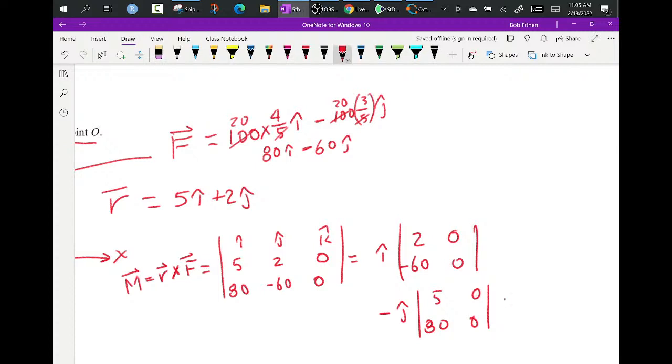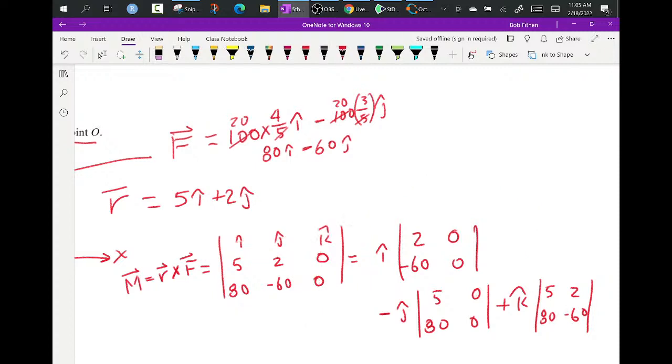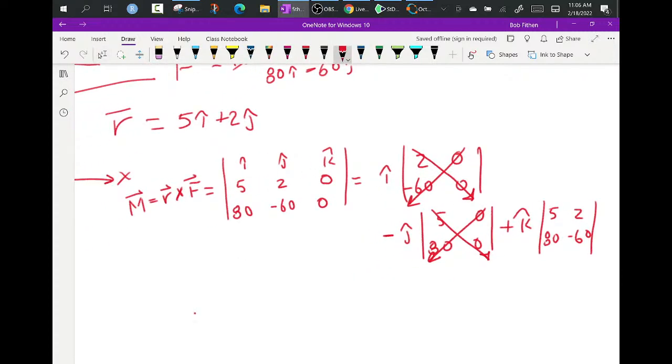And then doing the K, and doing the cofactor expansion, taking that row out, taking this matrix, sticking it in here, 5, 2, 80, minus 60. What is interesting is that's going to yield you 0, that's going to yield you 0. The only thing you're going to get out of here is the K component, 5, 2, 80, minus 60.